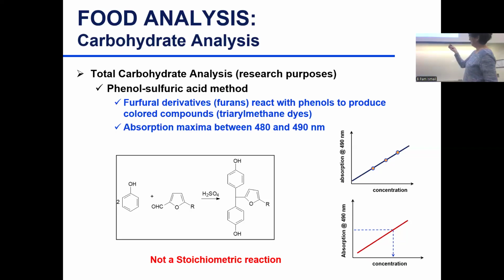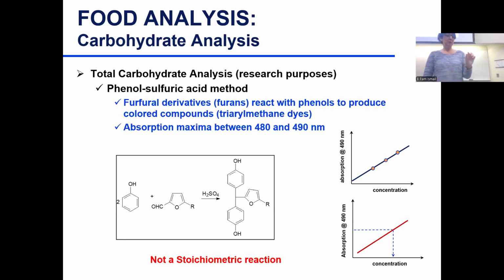That product has an absorption maximum, or lambda max. That means the wavelength at which we get maximum absorption, somewhere between 480 and 490 nm. And in the lab, you will empirically determine this lambda max. You need a standard curve, and the standard that we usually build is a glucose standard.